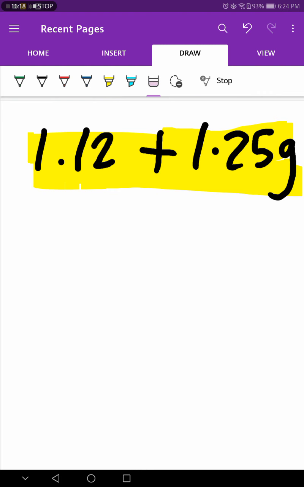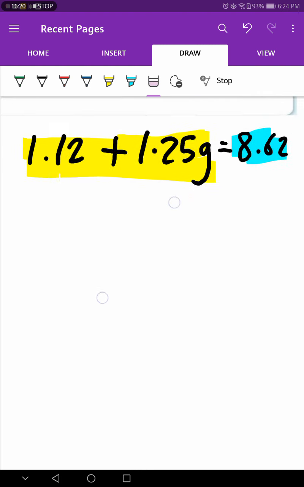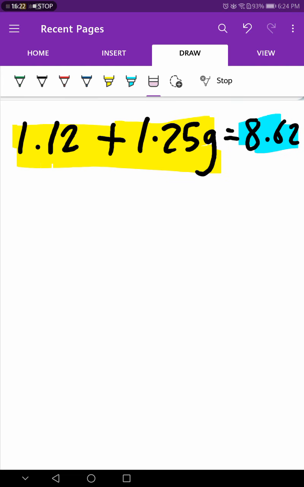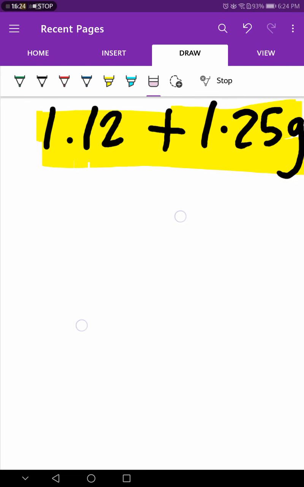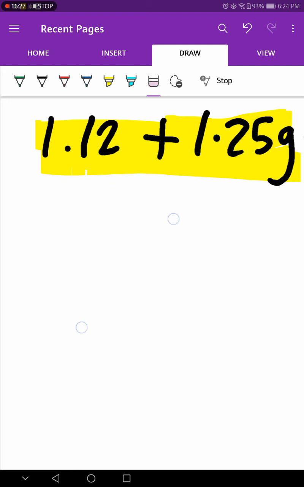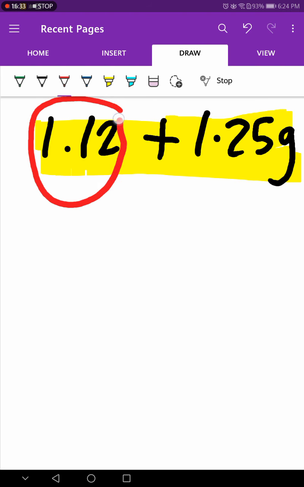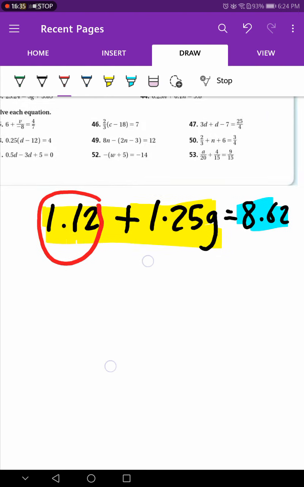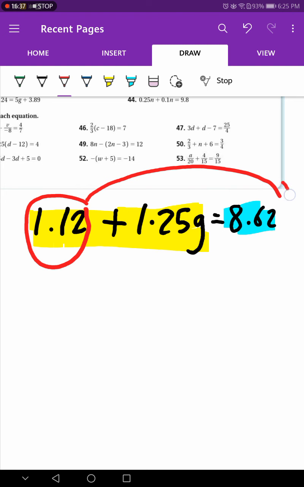So what is the first step to make the g alone? If the number is attached to the variable, we will leave it for last. So 1.12, we will make the opposite. It's positive, so minus. Or we can throw it here, it is the same story, it gives the same answer.